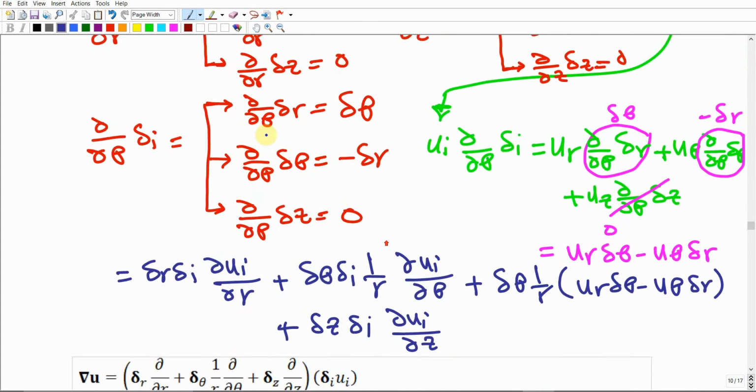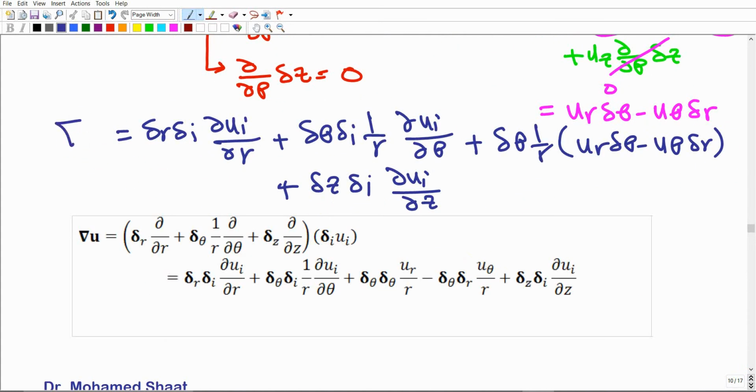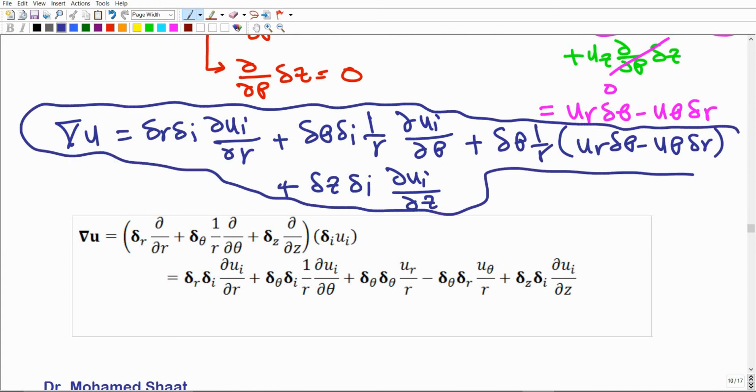This is gonna give us the third term. So at the end this gives us the gradient of the displacement, but in the cylindrical coordinate, how it's gonna look, which is already given up here: the gradient operator, the displacement field, after the calculation. After all of this simplification, we end up with this expression.